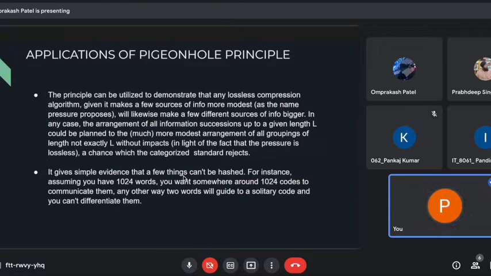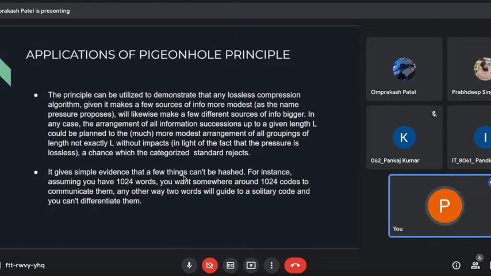Now coming to the second application, this principle can be utilized to demonstrate that any lossless compression algorithm, given that it makes a few sources of information smaller, as the name compression suggests, will also make a few other sources of information bigger. Otherwise, the set of all information sequences up to the given length L could be mapped to the much smaller set of all sequences of length less than L without collisions, a possibility which the pigeonhole principle rejects.